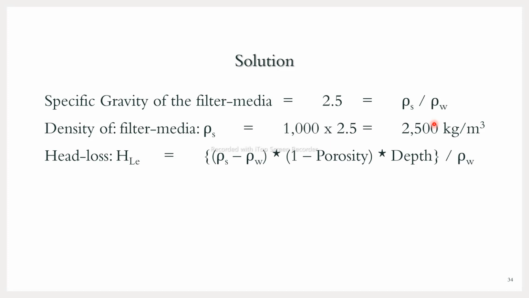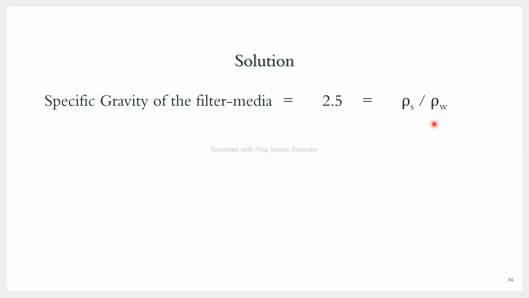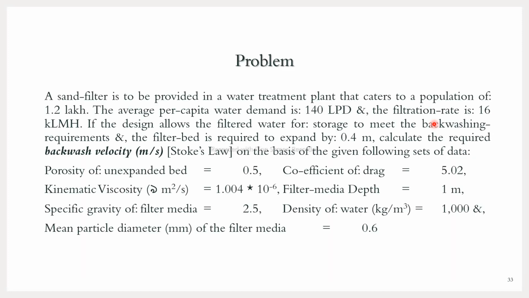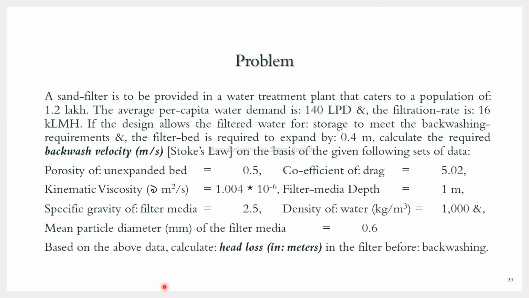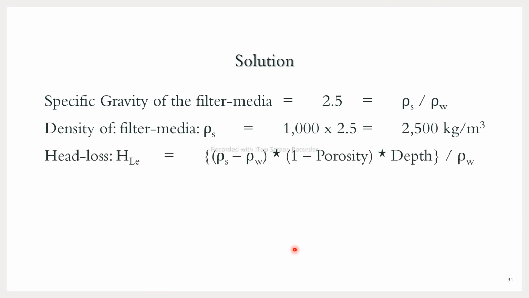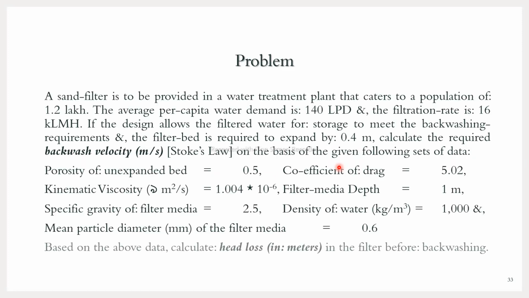So Sg minus 1 into 1 minus porosity into depth. Simple. So that means 2.5 minus 1, into 1 minus porosity, which is 0.5, into the depth. Depth means what? 1 meter. It is given in the question. Yes, depth is given as 1 meter and you have to calculate the head loss in meters. So 2.5 minus 1 means 1.5, into 1 minus porosity; porosity is given in the question as 0.5, I guess, right?